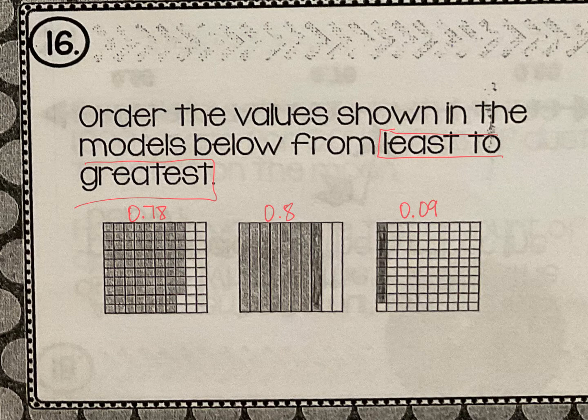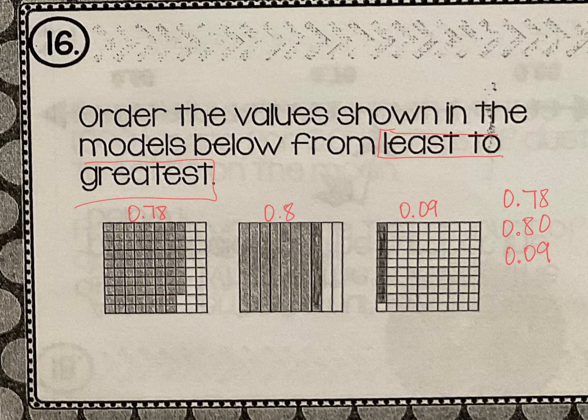Okay, now what we need to do is line them up using the decimal place. Make sure you line them up correctly. What do I do with that empty spot next to the 8? Put a 0. Okay, we're looking for the smallest. So far, 0, 0, 0, 7, 8, 0.